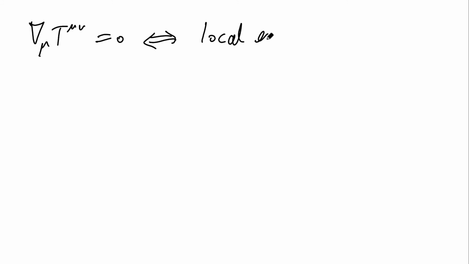So in general, in curved spacetime, this identity always holds, but its physical interpretation is a little less straightforward than in flat spacetime. It's usually referred to as local energy and momentum conservation.